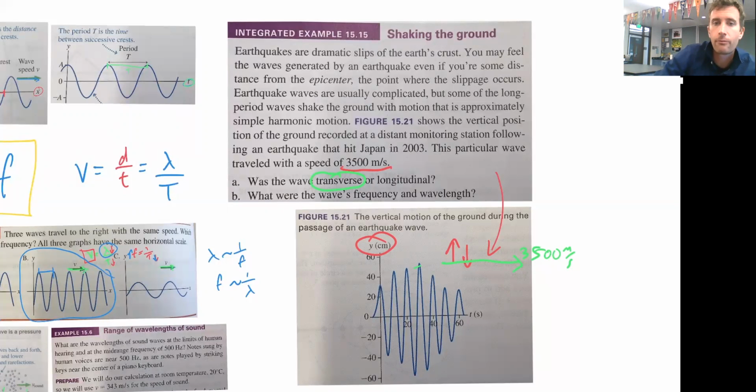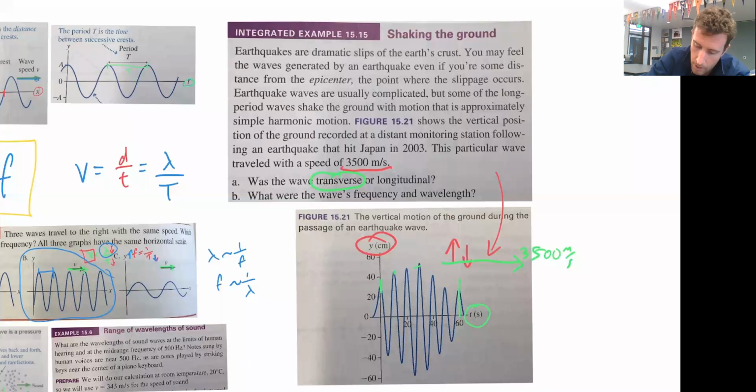And then what were the wave's frequency and wavelength? For frequency, I can figure that out based on the graph, because here is time. I can say, well, here's the start, the next one right here, I'm just going to give it some space so I have some wiggle room, is 60 seconds out.